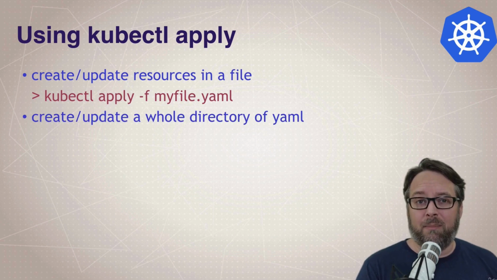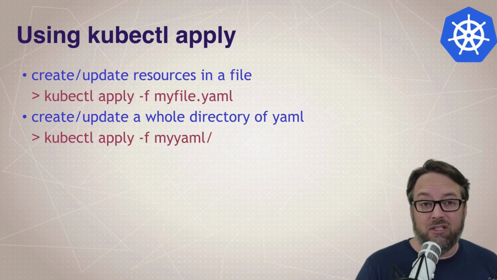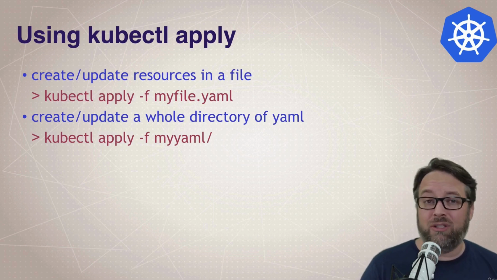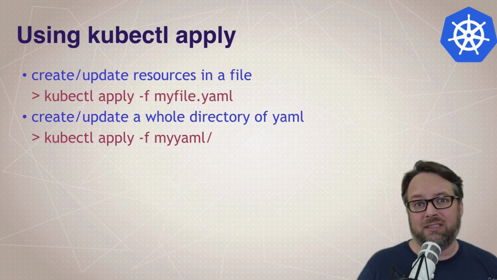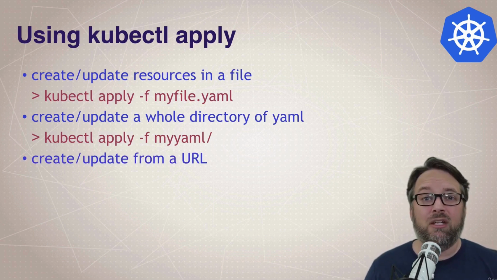So you could have a bunch of different objects or resources spread out in different files, maybe one file per resource. You could put all those in a directory, point it to that directory, and it would bring in all of those. And of course, one YAML file can have multiple resources in it, and I'll show you how that looks in a minute. But another interesting option here is kubectl apply with a URL.